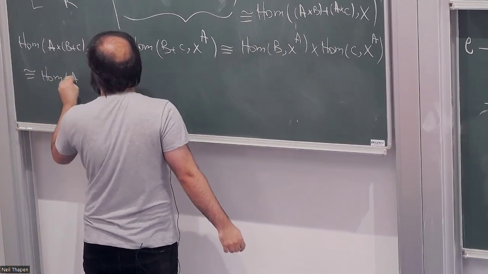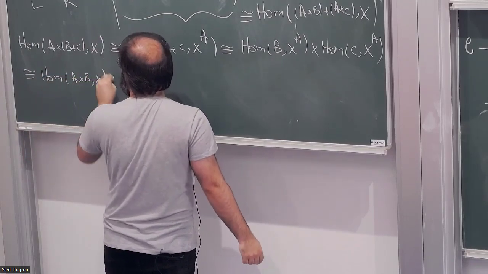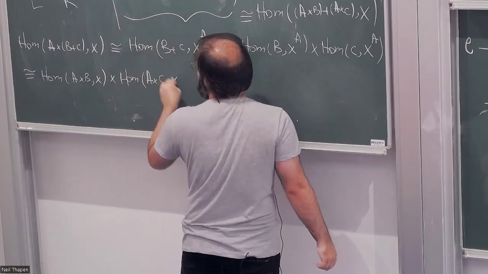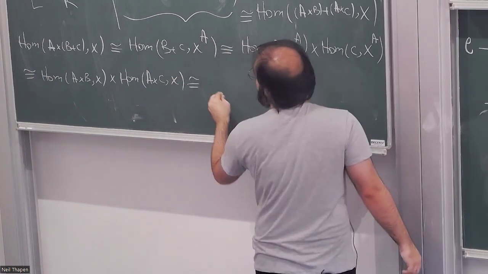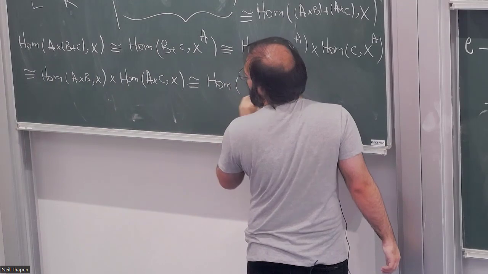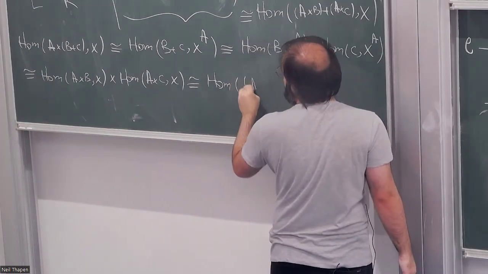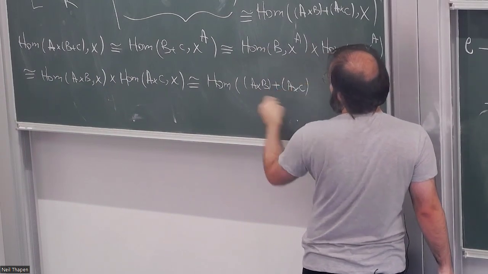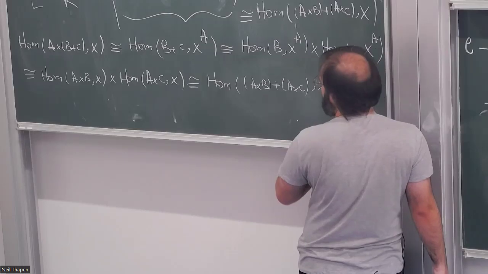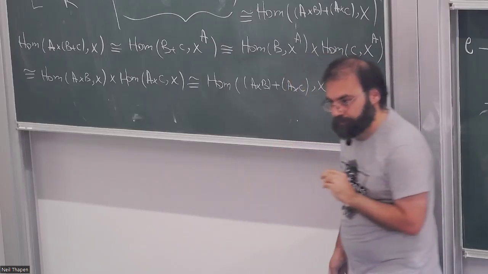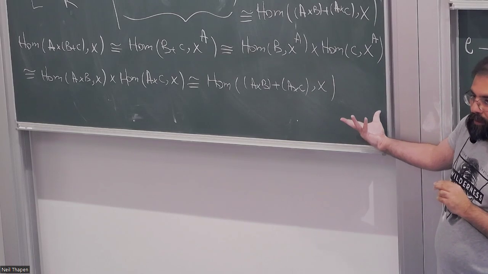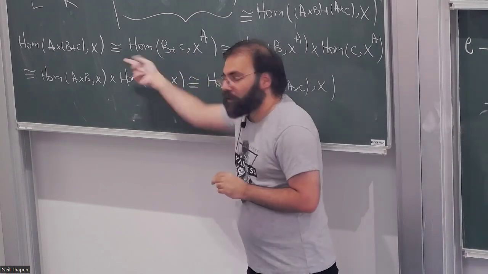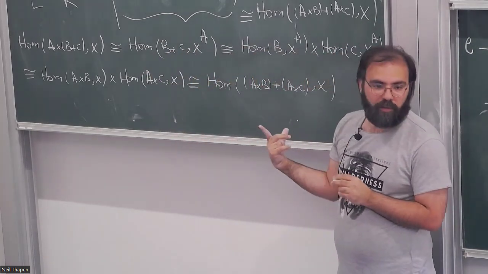Then I have A times B, X times A times CX. And then this guy is simply that. Again, because plus is here, right? So I showed it. The only thing that I have to check is that every isomorphism in between is natural in X. And they are, really.